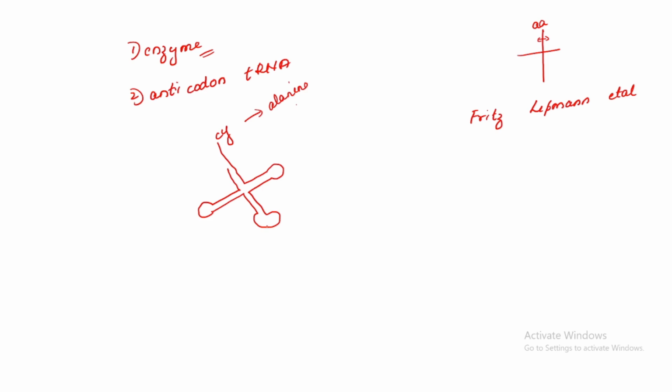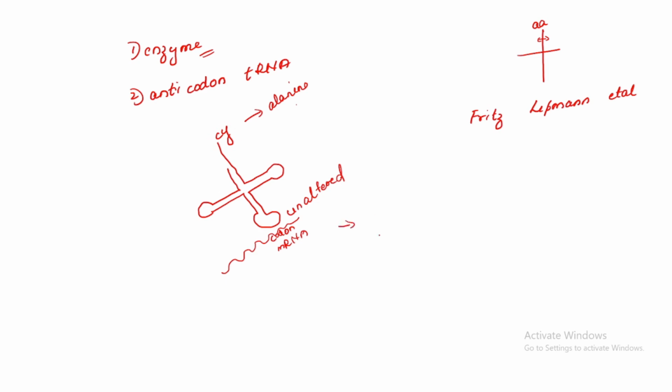But its anticodon remained unaltered. It was the same. So what happened? This anticodon recognized the same codon in the mRNA, without bothering about the change that happened to the amino acid.